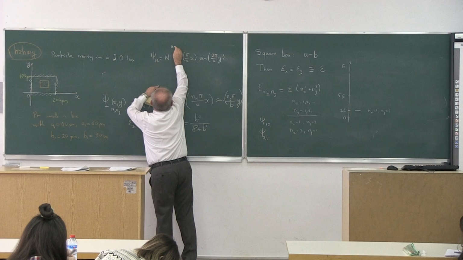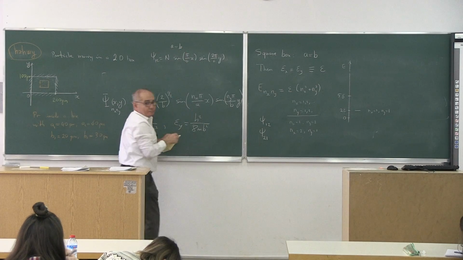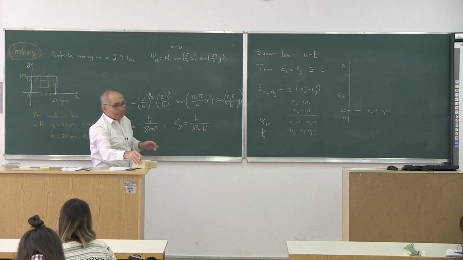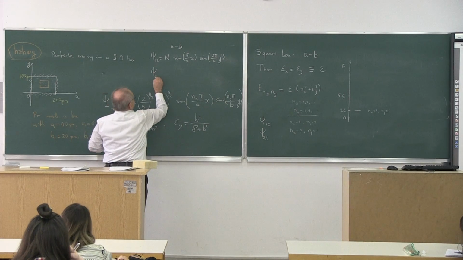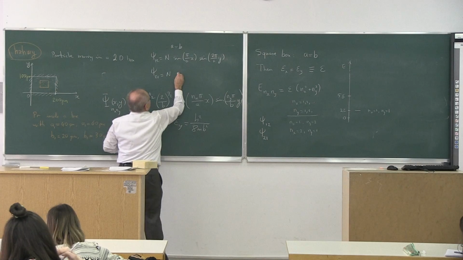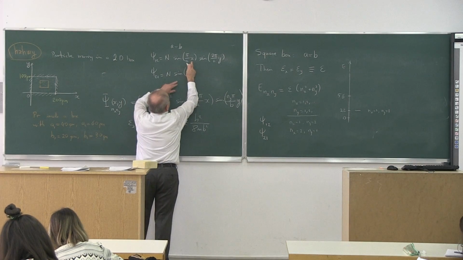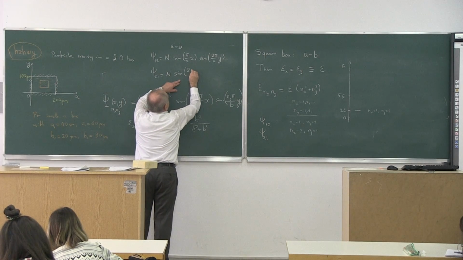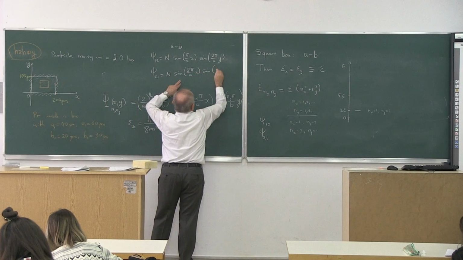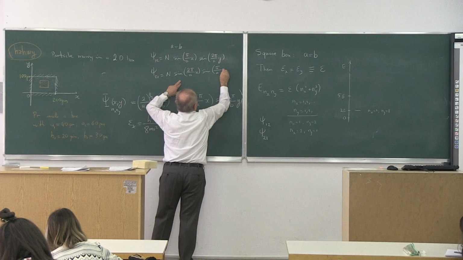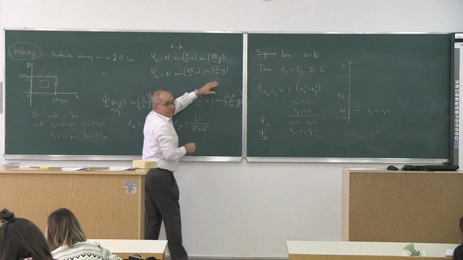Remember, a is the same as b. Okay? This is 1, 2. Psi 2, 1 has the same constant, but this time the x factor has 2 and the y factor has 1.